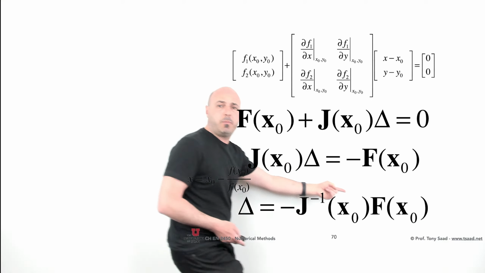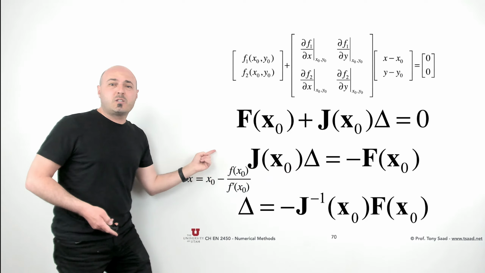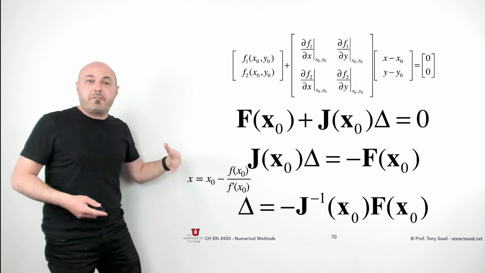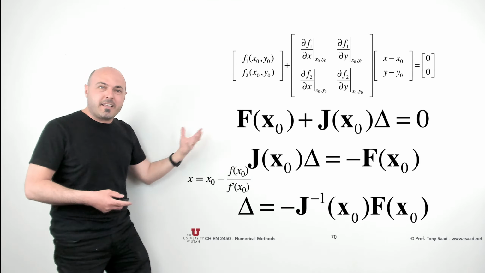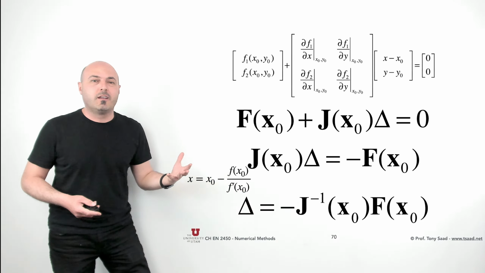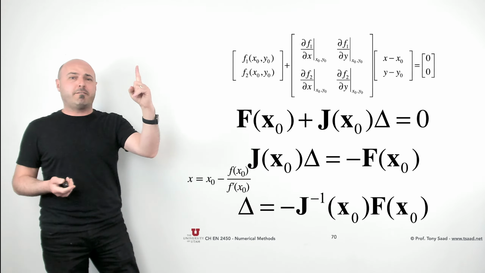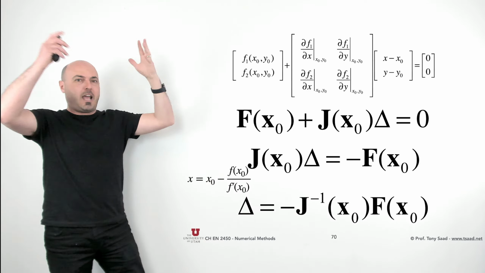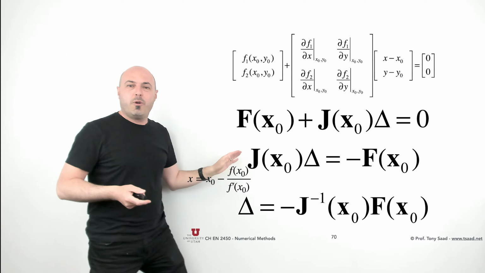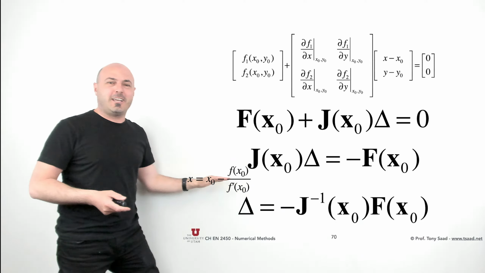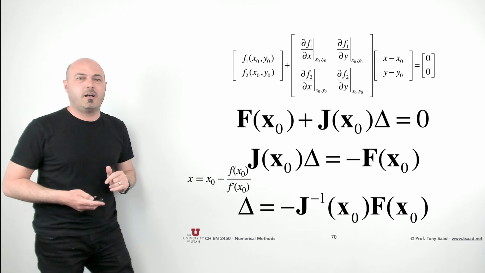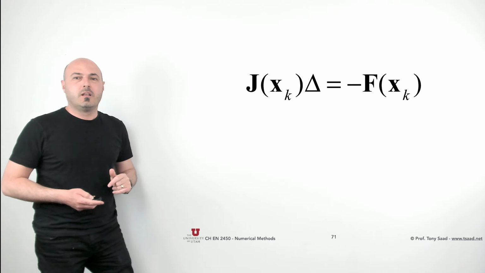Minus 1 over f prime is simply the inverse of f prime, right? However, for multi-dimensions, that inverse of the derivative is described by the inverse of the Jacobian. Because in 1D you only have one derivative, but in 2D you're going to have multiple derivatives. In 3D you're going to have many, many more derivatives, right? So it's just simply a generalization of Newton's method for 1D when you have multiple equations you're dealing with.